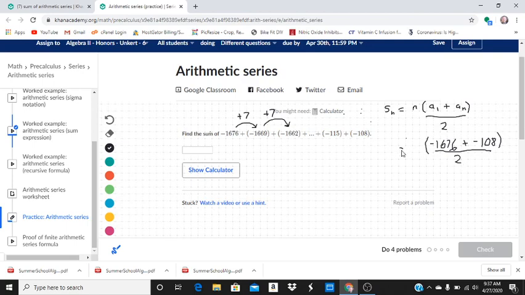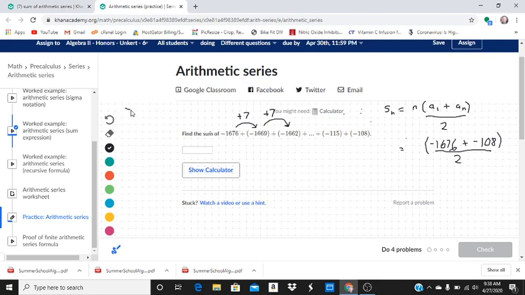To figure out the number of terms, we need to figure out the difference between 108 and 1676, divide that by 7, and then add 1, because you only start adding 7 after the first term.